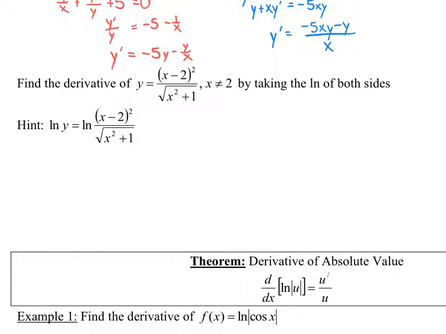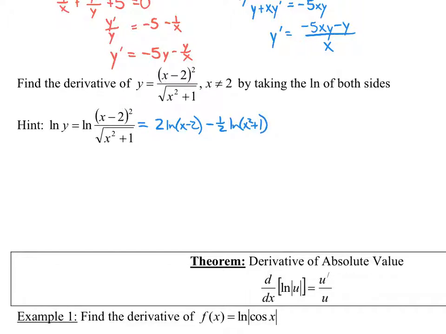And it actually is kind of nice here because, notice, here after we take the natural log of both sides, I could take the derivative, or I could rewrite this as 2 ln of x minus 2 minus 1/2 ln of x squared plus 1.